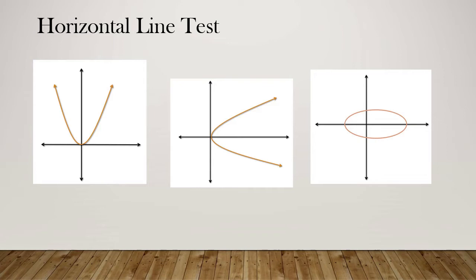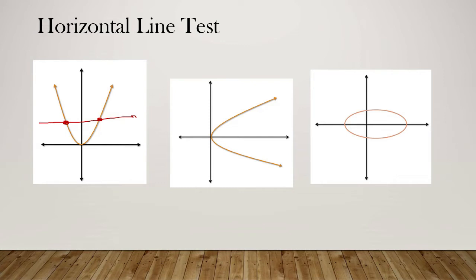So we are going to draw a horizontal line on the graph and see how many points of intersection there are. After drawing the horizontal line, as you can see, in this graph, there are 2 points of intersection.